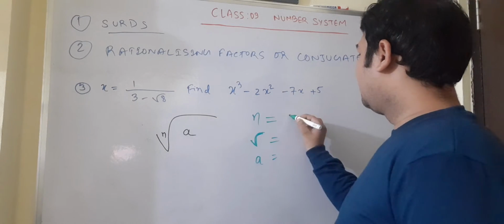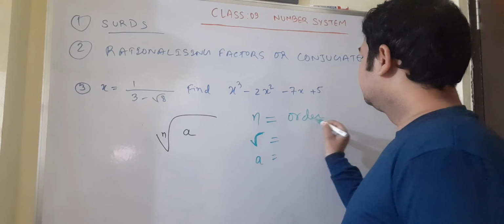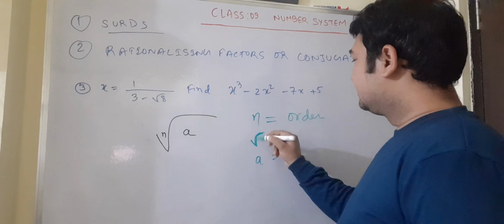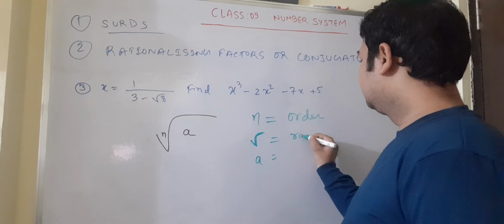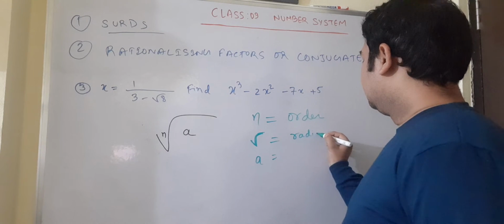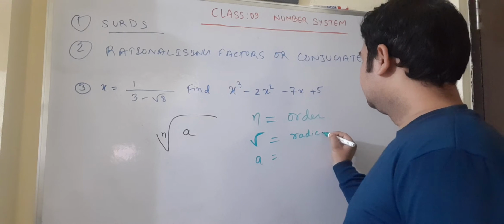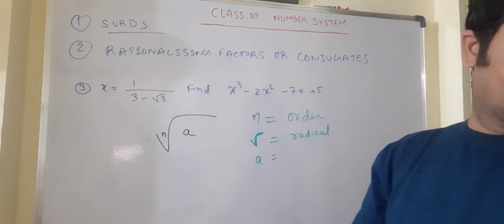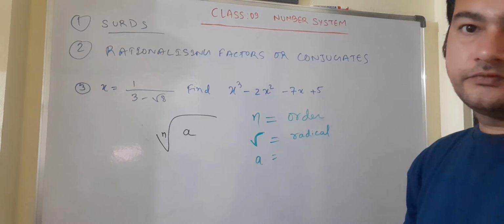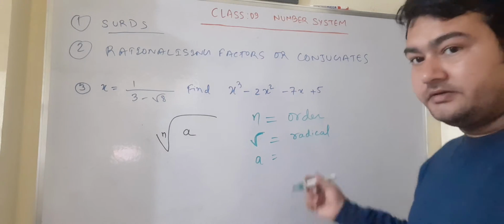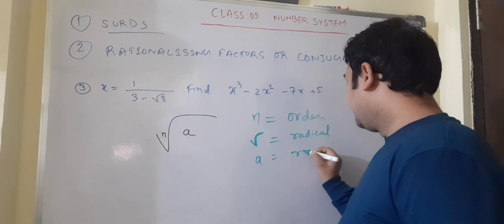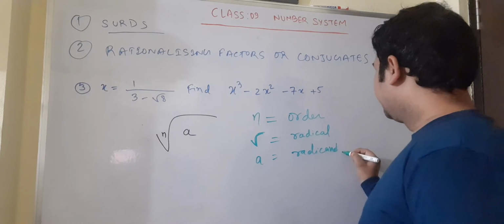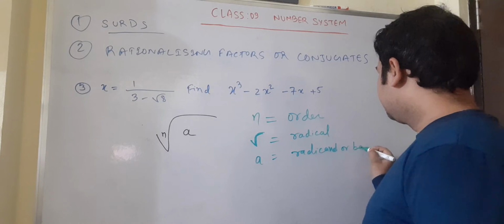This n is called the order. What is the order of this surd? n. This symbol is the radical, and this a is the radicand or base.